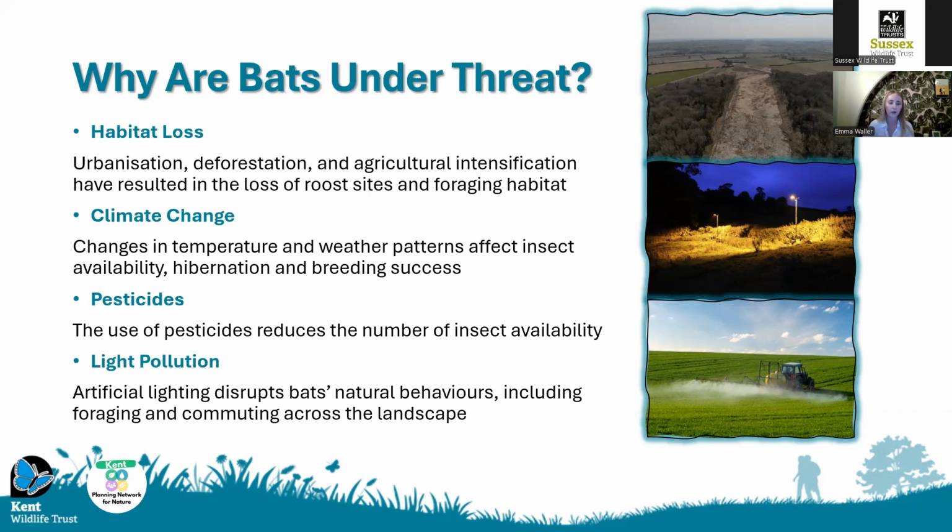And also the use of pesticides, increase in light pollution, and even wind turbines are thought to be having a negative impact on bat populations. So these threats make conservation efforts and effective policy implementation crucial for bat survival.